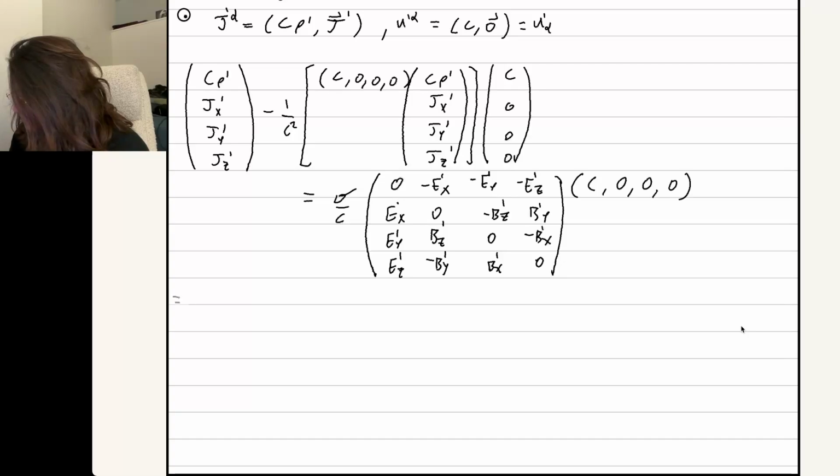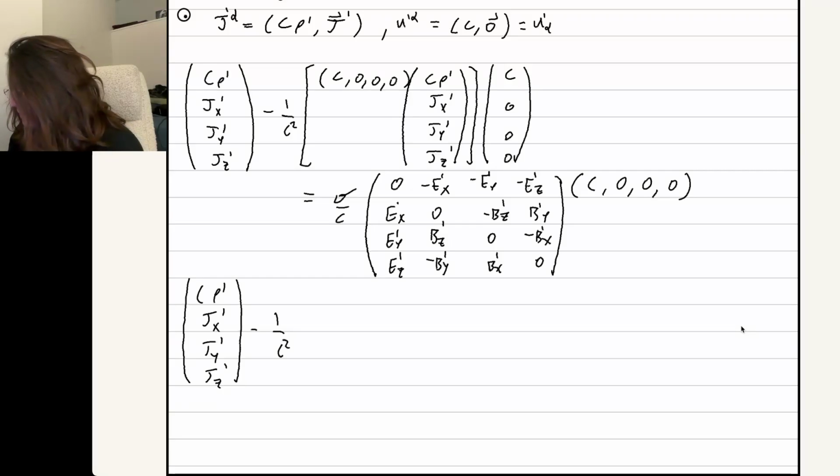So rewriting the left side of the equation, I'm not going to change this stuff yet. But then I have a 1 over c squared, and then I'm going to do that inner product. So we're just going to have c times c rho prime, so we just have c squared rho prime, and this is multiplied by the vector c, 0, 0, 0.